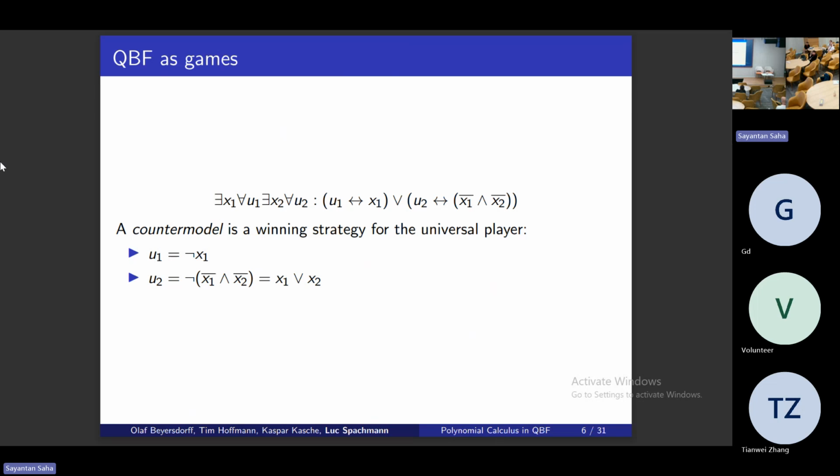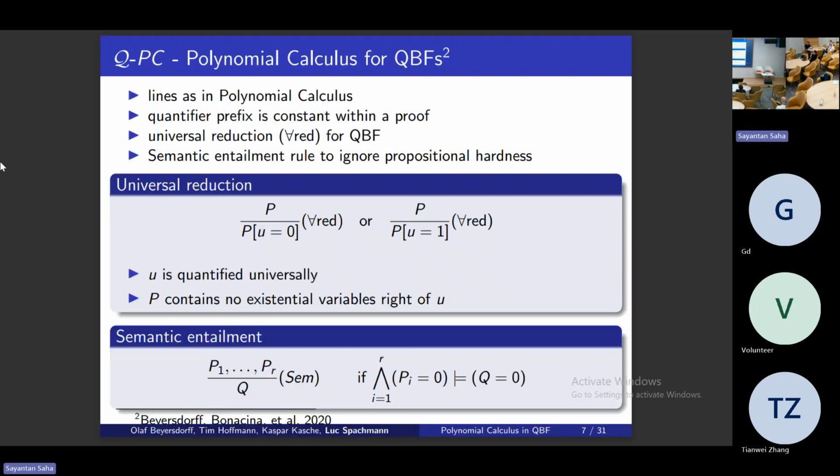Okay, now we have all the things we need. We have polynomial calculus, we have QBF, and we want to combine those. There is already a technique to lift line-based propositional systems to QBFs. This technique is not new. The idea is simply we take our line-based system and add an additional rule, the universal reduction.